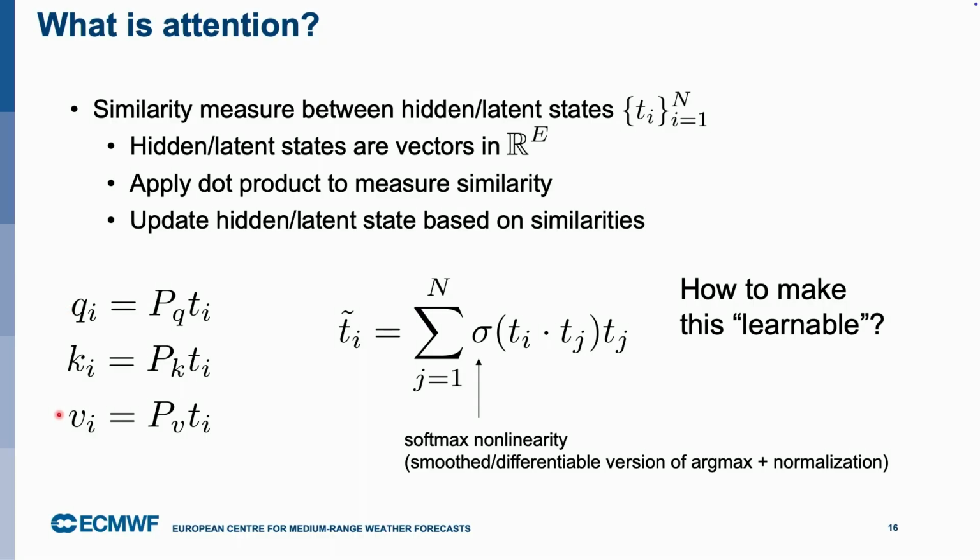So instead of just having the tokens, we multiply the tokens with 3 weight matrices and gain 3 times the number of tokens. The first set of tokens is the queries, the second is the keys, and the third is the values. And that's what we put into this equation.